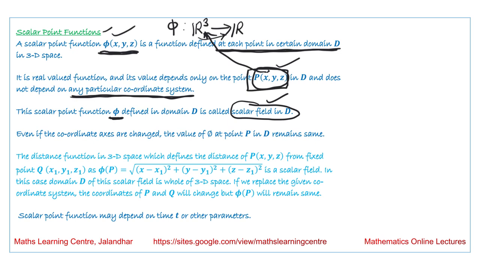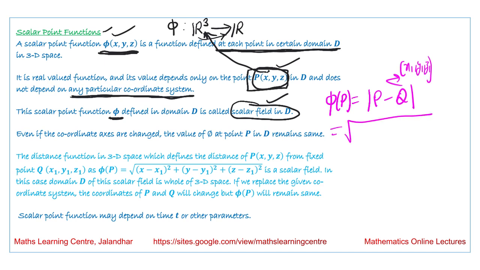If we talk about an example of this function, then the distance function: phi of P is equal to the distance of the point P from a fixed point Q, and the coordinates of the point Q are x1, y1, z1. The value for this is the square root of (x minus x1) squared plus (y minus y1) squared plus (z minus z1) squared.